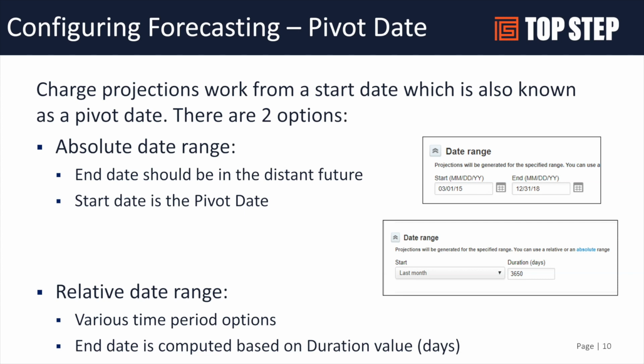The other option that we see more commonly is a relative range. What this relative range allows you to do is put in metadata values for your starting points. So in this example, we have last month, and then last month plus 3,650 days, which would be 10 years. You can say last week, this week moving forward, or next week moving forward.